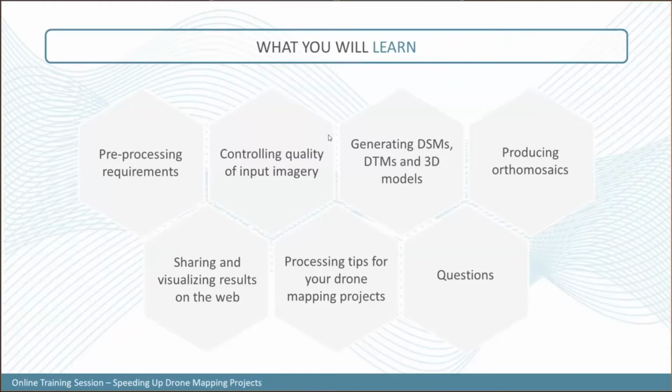So I'm going to give you some tips on what to do and what not to do. Also, we'll talk about generating DSMs, DTMs, and 3D models, and producing ortho mosaics. Also, I will talk about how you can share and visualize your result on the web, so if you want to share links directly with your customers, they can visualize it through Cesium.